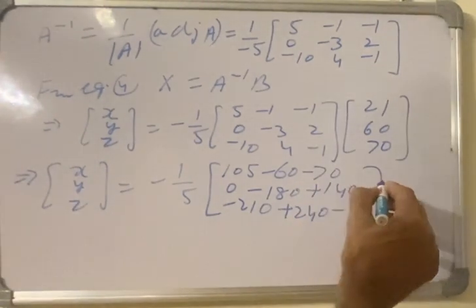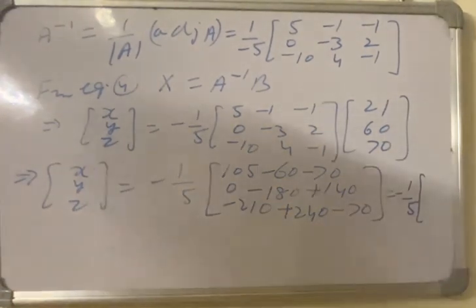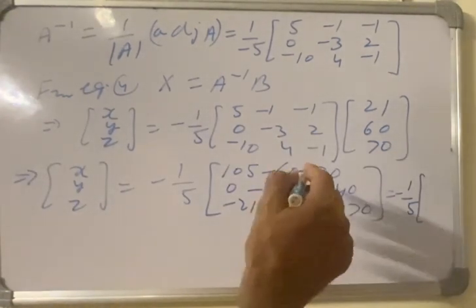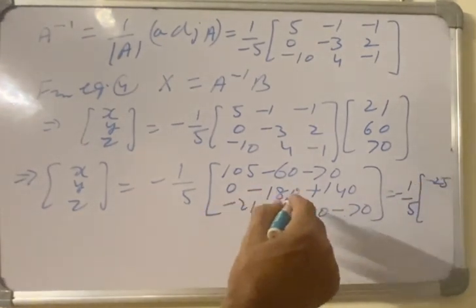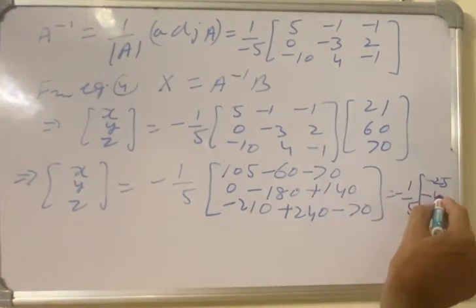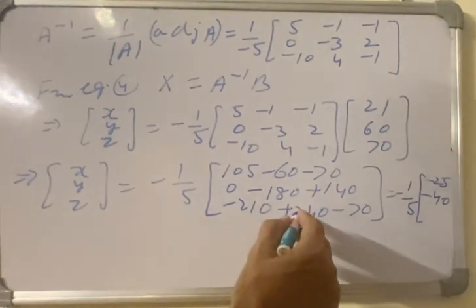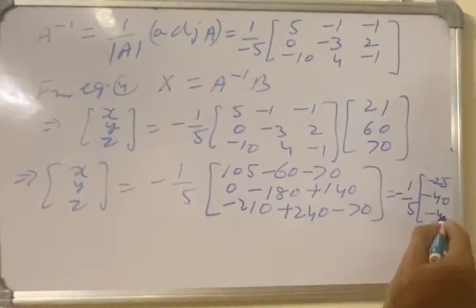This gives minus 1 over 5 into 105 minus 130, it is minus 25. Then minus 180 plus 140 is minus 40. Then 240 minus 280, it is minus 40.